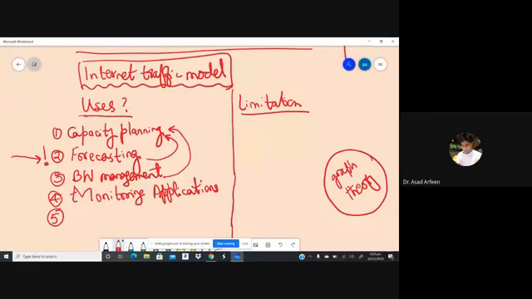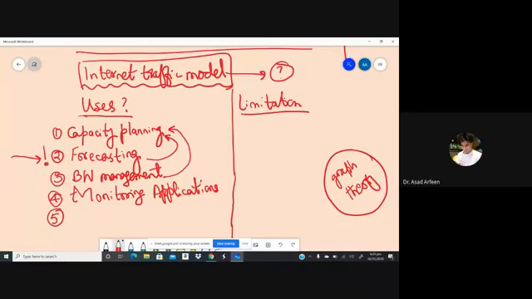In this case, internet traffic modeling is a more universal exercise. The idea here is to develop an internet traffic model which can mimic the stochastic behavior of internet traffic, whether it flows from access networks or core networks.